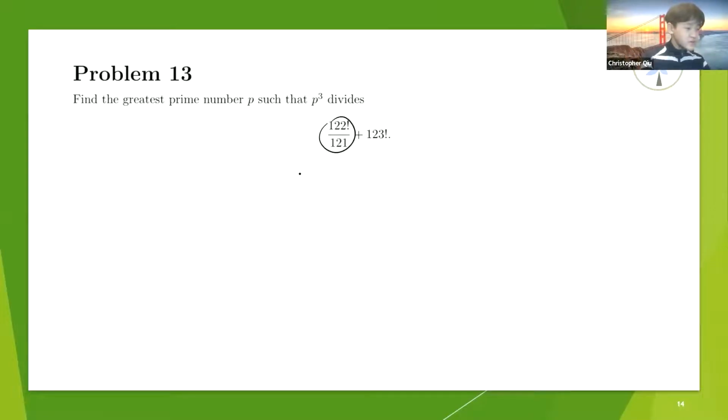So this first term, 122 factorial over 121, we can rewrite this as 122 times 120 factorial, because what we have here is 122 factorial, but 121 is missing. So what we have then is 122, and 121 is missing, and then we would have 120 factorial. So this is what we get when we rewrite the first term of this number.